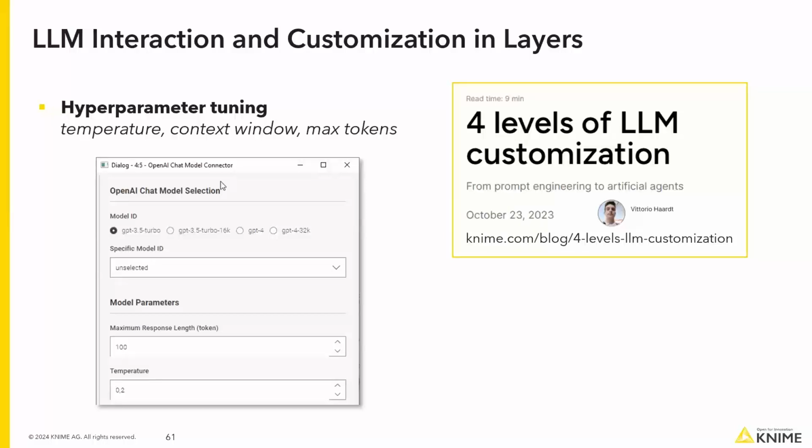And also, this is maybe not so much a user-tunable hyperparameter, but the context window is also something you need to keep in mind if you want to customize your response. As I said, you would need to really retrain or fine-tune the model to modify the context window.